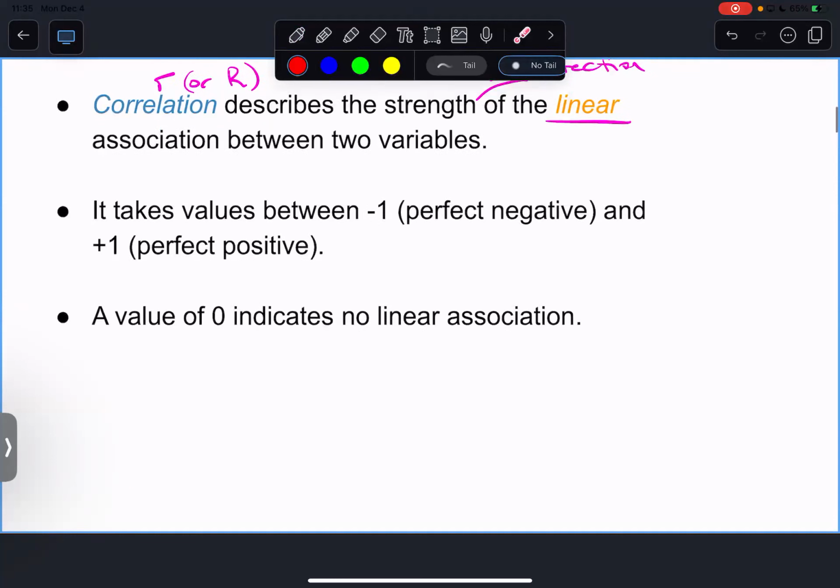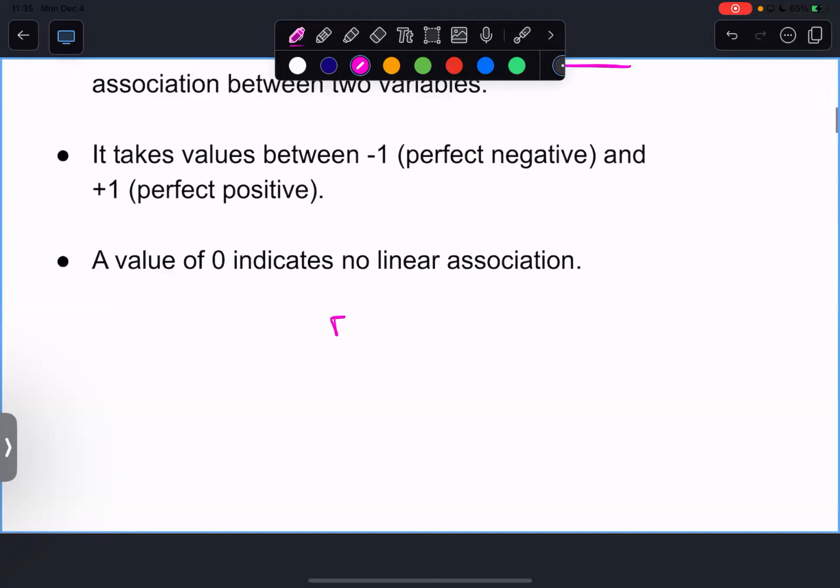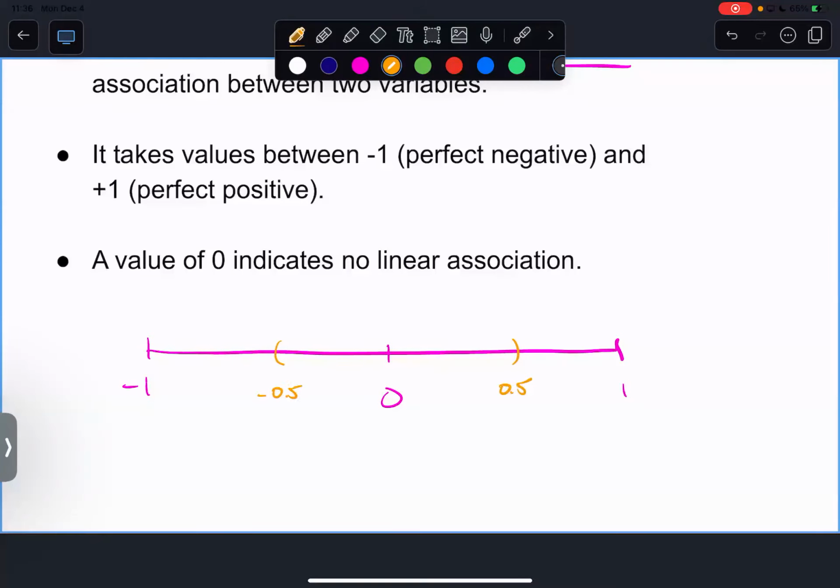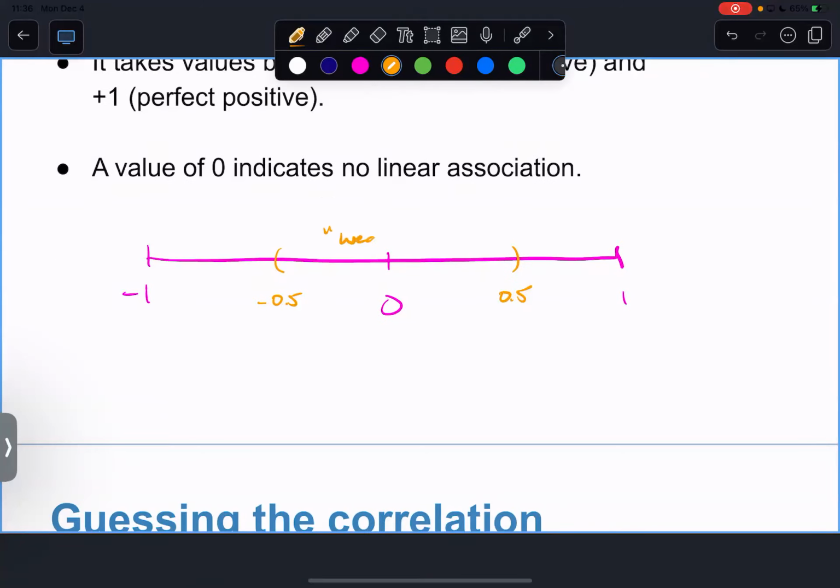So the correlation goes between -1 and +1. It ends at -1 and +1, and throw a 0 in the middle. Anything roughly between -0.5 and 0.5, I'll consider weak. In fact, a correlation of 0 means there's no linear relationship.